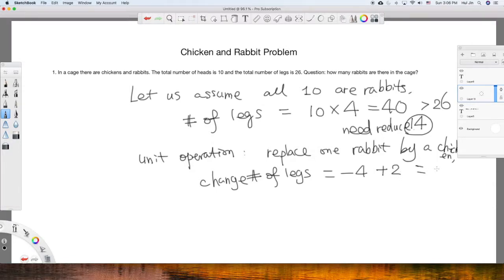So you are reducing by 2, or minus 2. Every time you are minus 2, minus 2, minus 2. And this is true for every replacement. So how many replacements do you need to do?